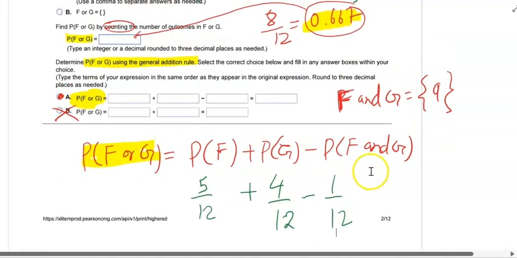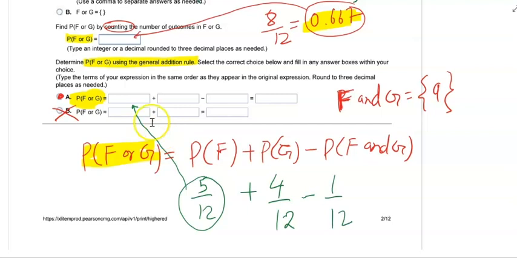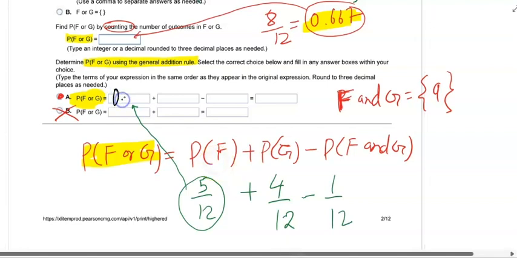Therefore, in this box, you divide 5 by 12 and round it to 3 decimal places, which is 0.417. In this box, you type 4 divided by 12, which is 0.333.